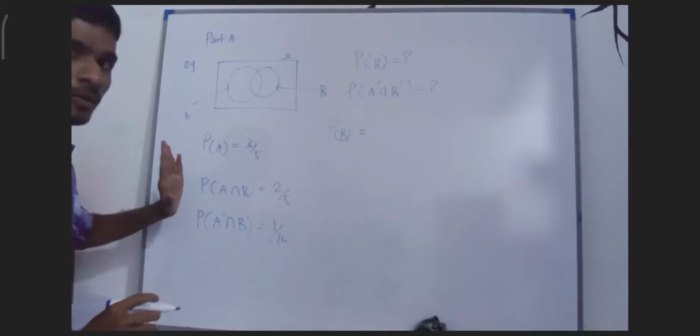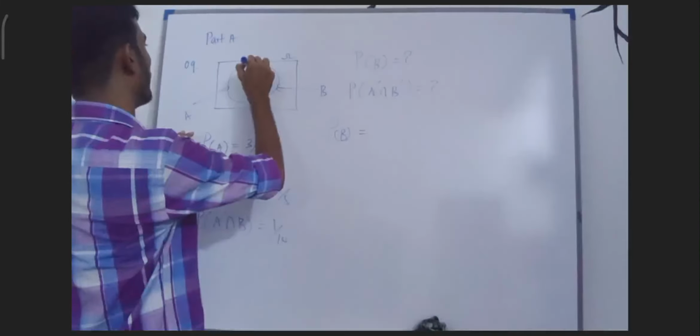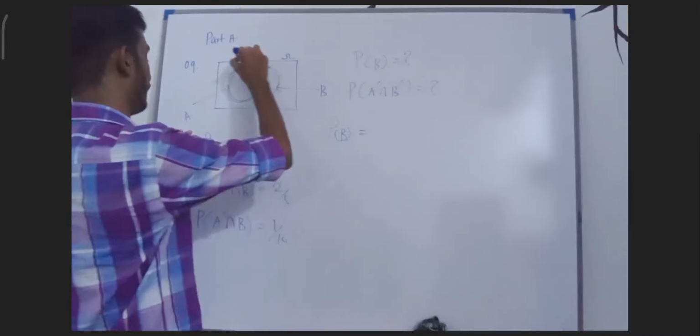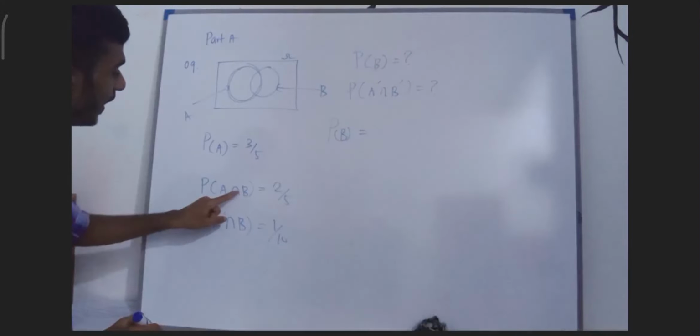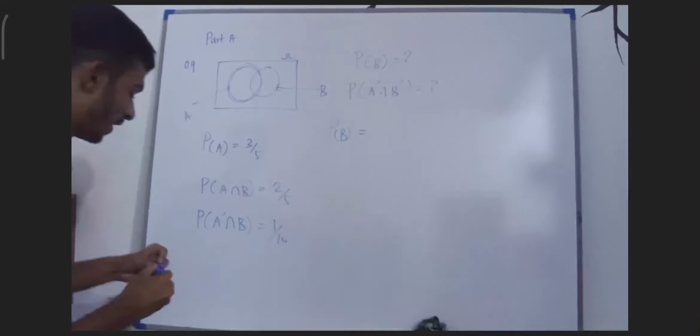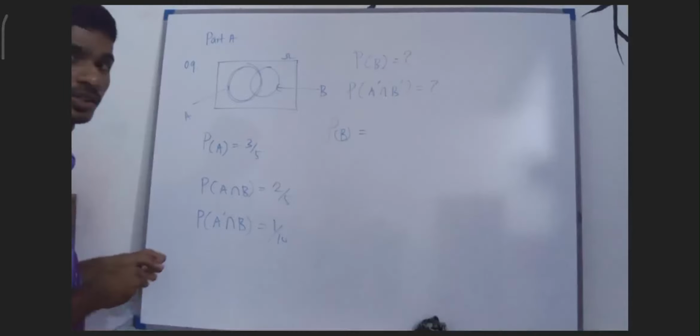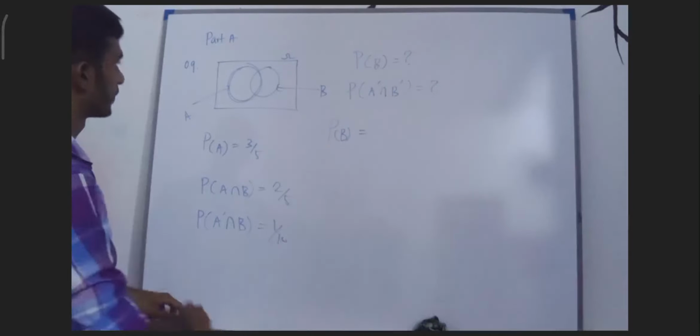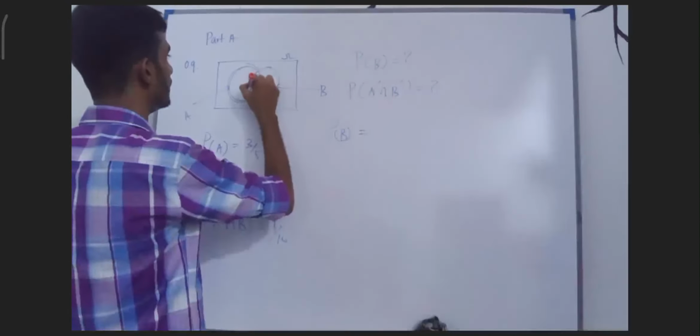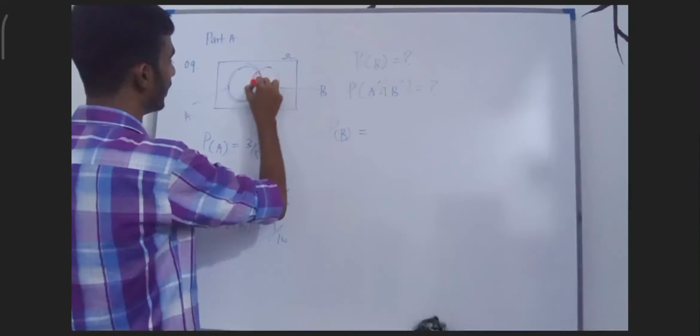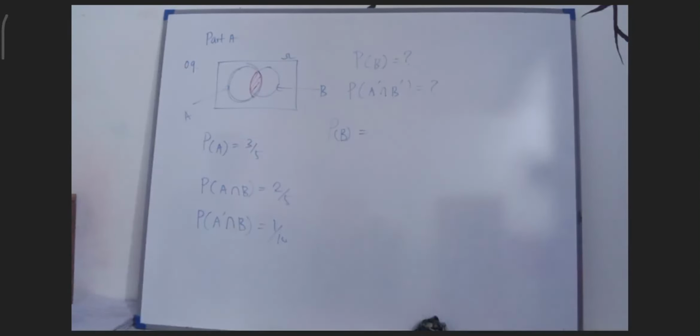So now what we have been given is probability of A. This value we have been given. Then probability of A intersection B, they have given this one. Okay, so I will use different colors, right? So they have given this value, 2/5.